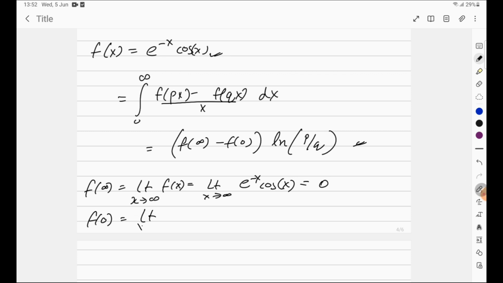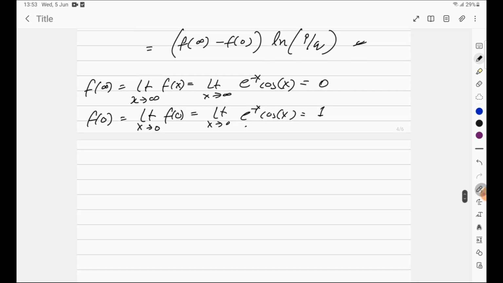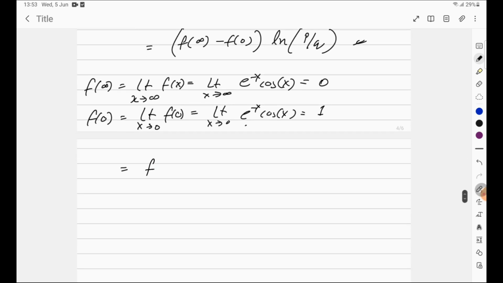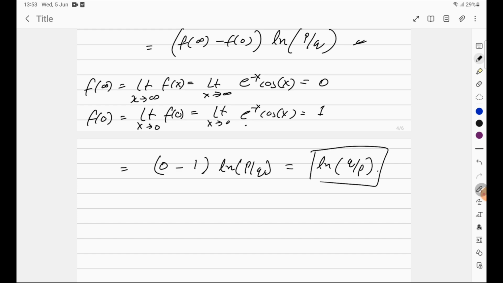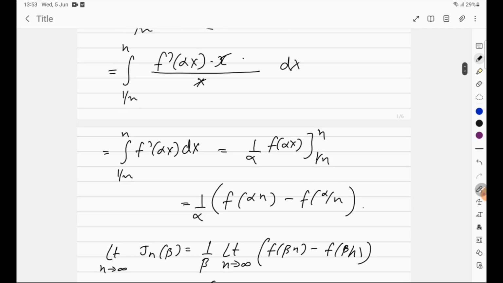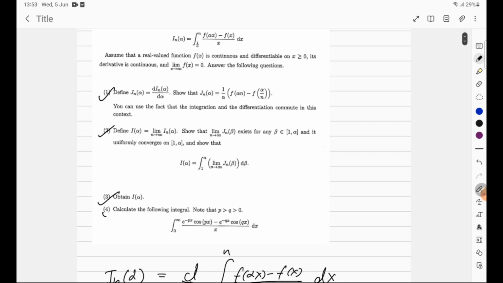And for f of 0, the limit as x approaches 0 of e to the minus x cos x: this goes to 1, this goes to 1, so this is also 1. So the final result is f of infinity, that's 0, minus f of 0, that's 1, times ln of p over q. And using laws of logarithms, that becomes ln of q over p. And that is the final answer. So part 4 is done.